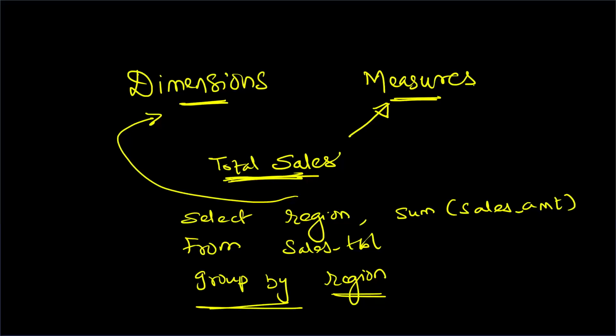So when you write a select query where you have an aggregation and a group by, you need to be very clear what is the dimension and what measure you are trying to calculate. Dimensions should typically be put before any measure comes up. So I hope you understand the concept of a dimension and a measure.